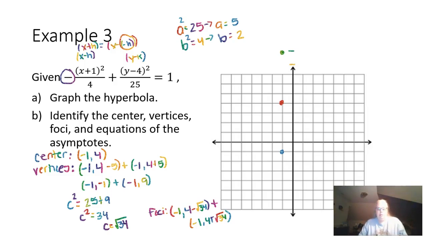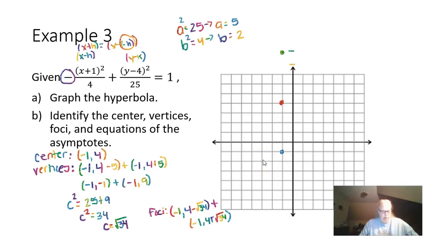Let's see, 4 minus the square root of 34 is approximately equal to... it should be somewhere between 20 and 26.